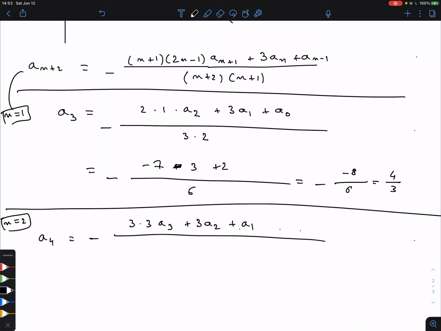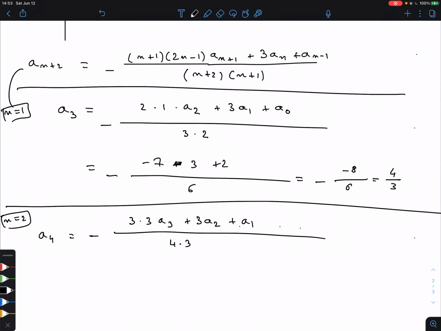Notice that is a recursion relation that links an element in the sequence to the 3 previous ones. These recursion relations can be kind of complicated. And in the bottom we get 4 times 3.